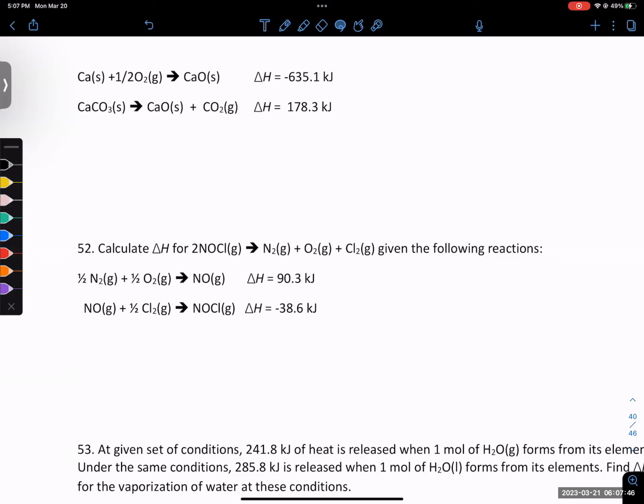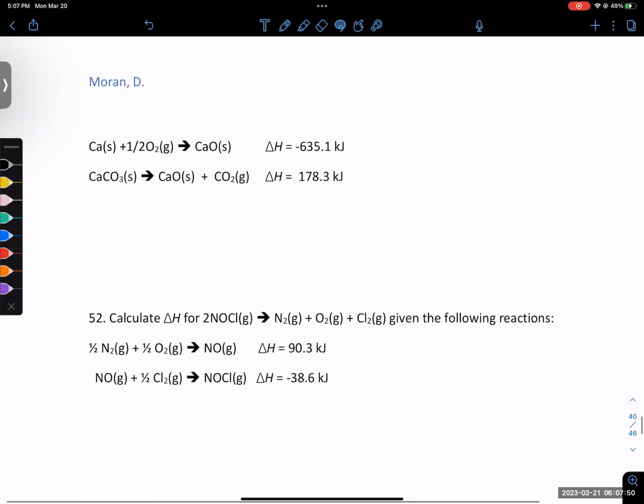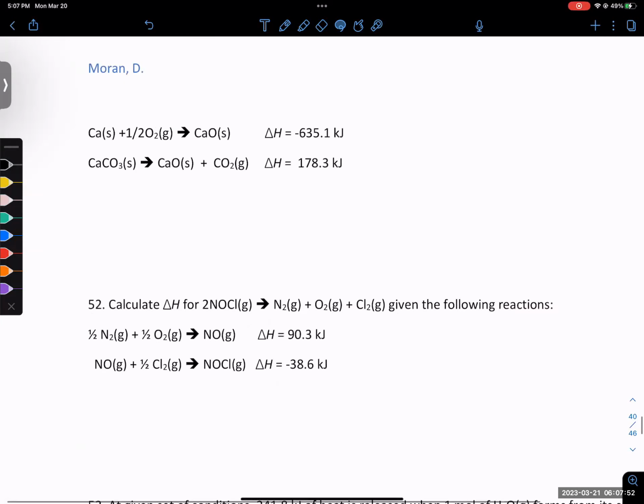Okay, perfect. So we gave you a big hint that we should be using Hess's law to answer this question, right? And what is a good definition of Hess's law? Hess's law is basically a way to calculate the overall delta H of a reaction given all of the mechanisms.